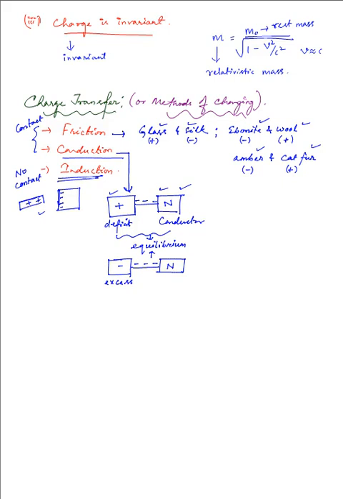It won't transfer, but it will attract those negative charges to one side while pushing the positive ions to the other side. So in that case, this becomes partially negatively charged and this becomes partially positively charged.